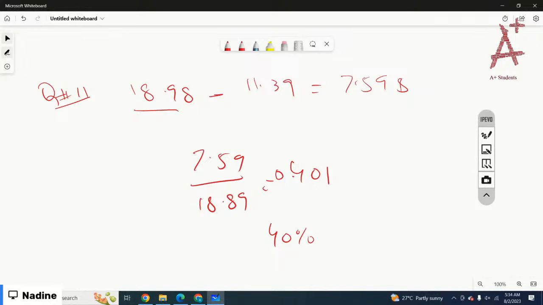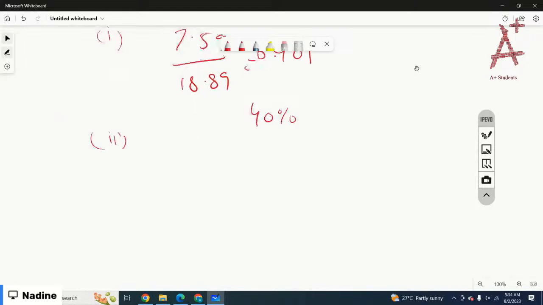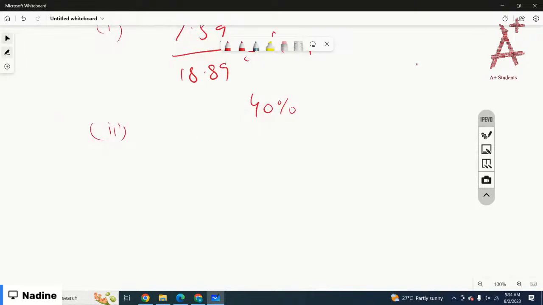You have to calculate tax. So GST is 6%. So the sales price including tax is 106% then. Just calculate 106% of 11.39. Got it?